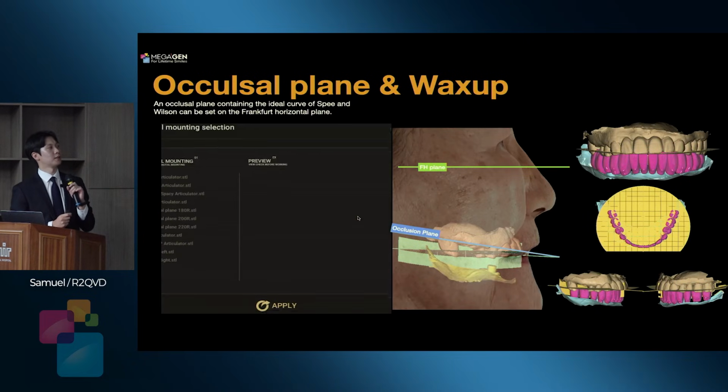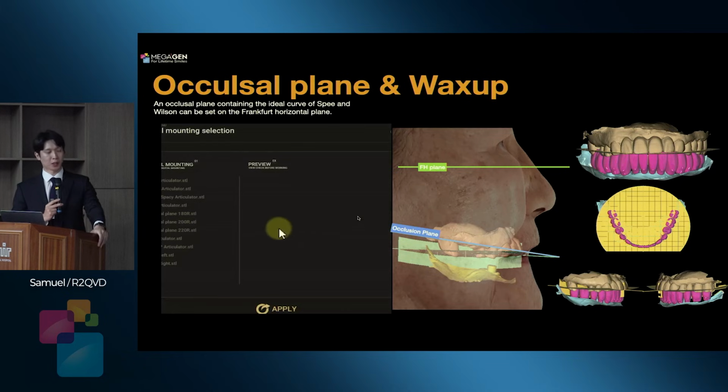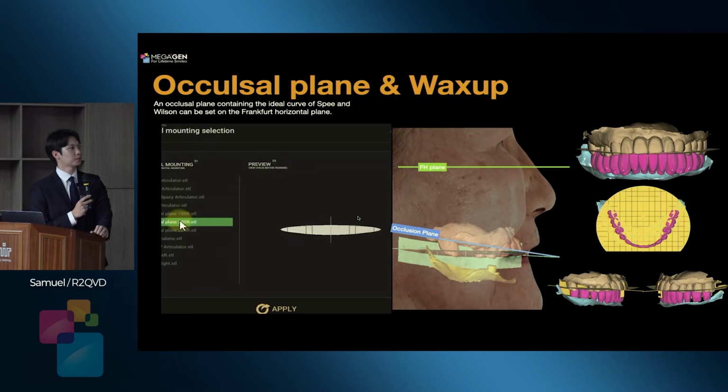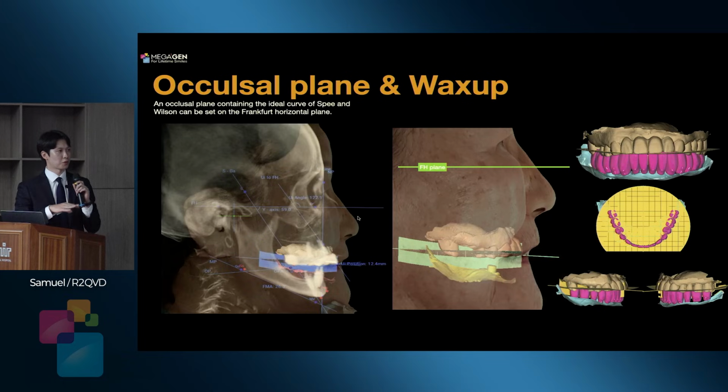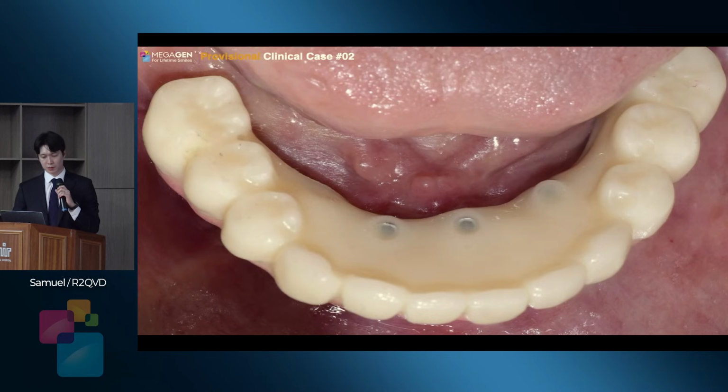Then occlusal plane. The same way, I choose, yes, like this. Then, if you want to change the occlusal plane angle, yes, of course, why not? Like this. Then it's temporary with the occlusal plane.